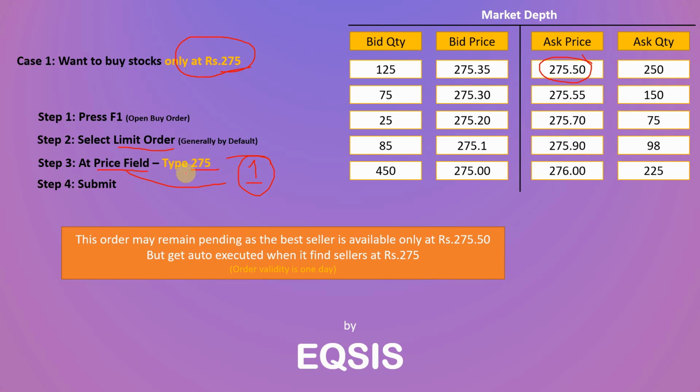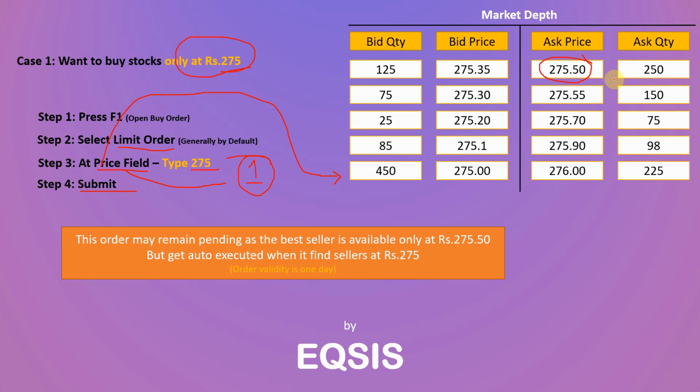So if you enter 275 and press submit, what happens? Your order will be placed, and it will be kept in the same row. So if you enter 100 quantity, this will no longer be 450, it will become 150, and this will become 150. So this order may remain pending as the best seller is available at the rate of 275.50. So don't dream that you will get the shares instantly at 275.